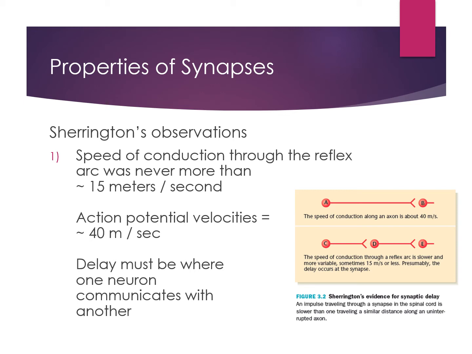So we're looking at A communicating to getting to B, but then we're looking at this reflex arc, C to D to E, so the sensory nerve to the interneuron to the motor neuron, and that reflex arc was slower and more variable. Again, suggesting this place where neurons have to communicate.